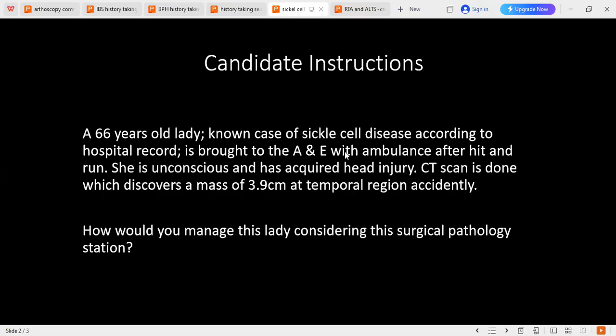The next question is, what are the principles you have to follow in managing this patient? I will first discuss the patient with the anesthesiologist. I will maintain adequate hydration and oxygenation.